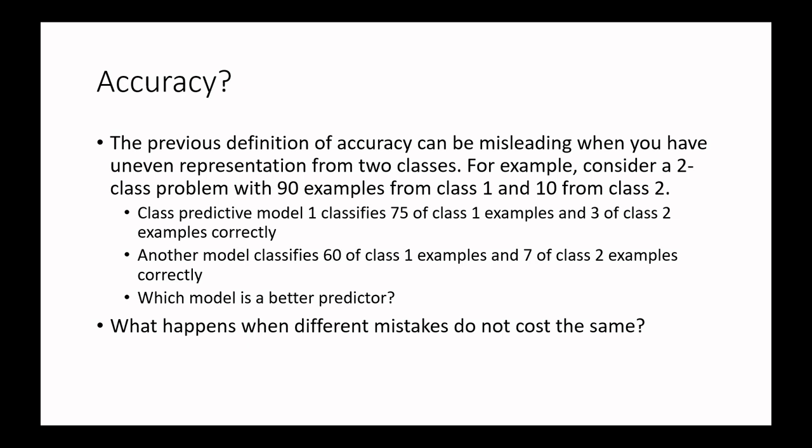So that doesn't really make any sense. Typically in situations like that, you don't want to talk of accuracy, you want to talk of precision and recall with respect to each class. So you can say, all right, for class 1, this is the value of the precision I'm getting. For class 2, this is the value of precision I'm getting. That is a better way of doing things in those cases.